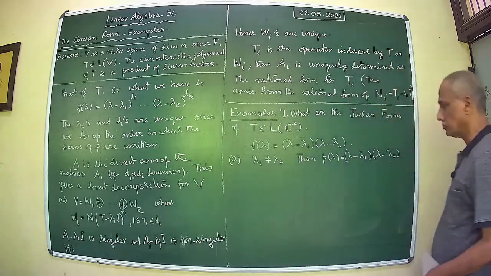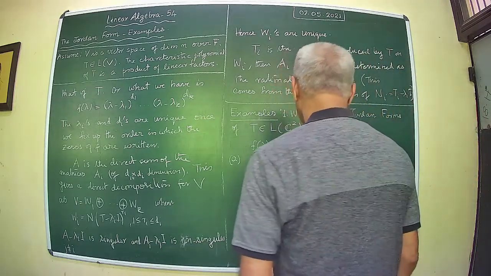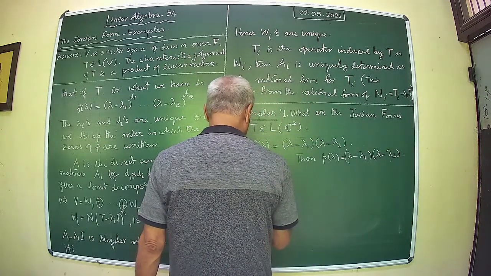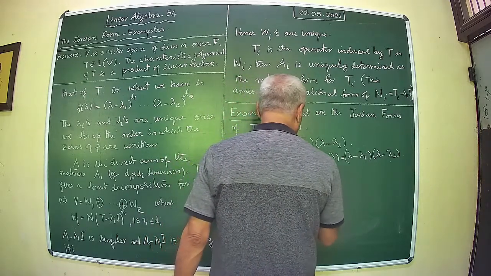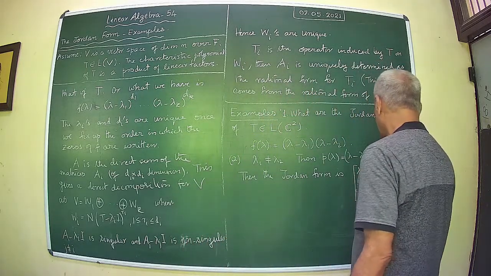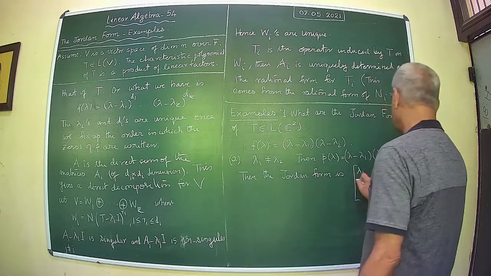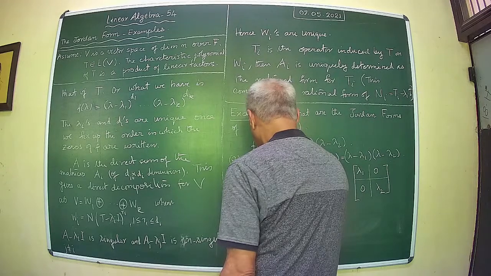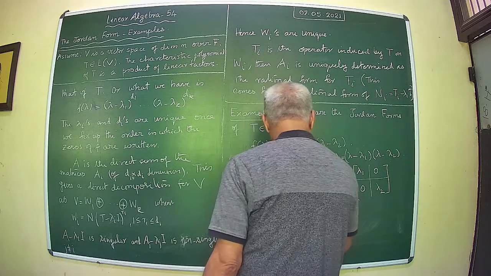In that case, what happens? The operator T is diagonalizable, and then the Jordan form, see, what you have is that W1 and W2 are one-dimensional. That's the reason.